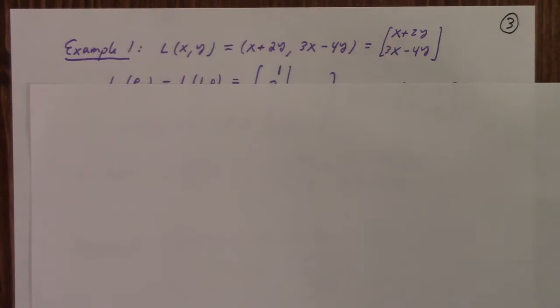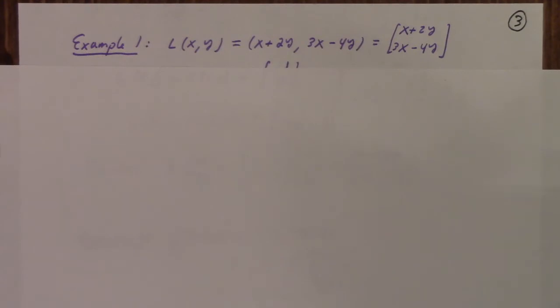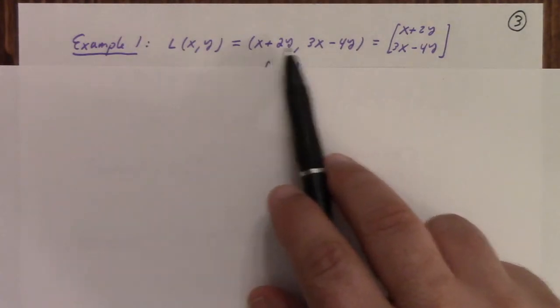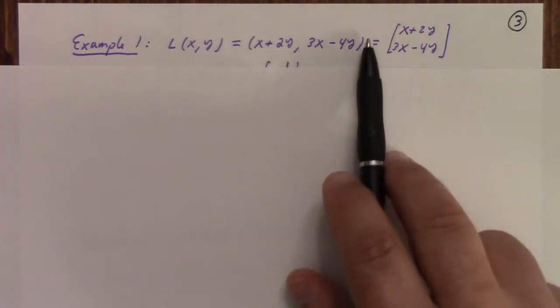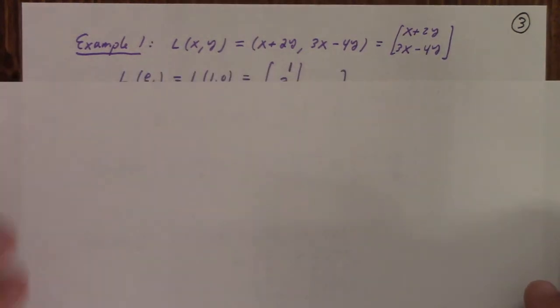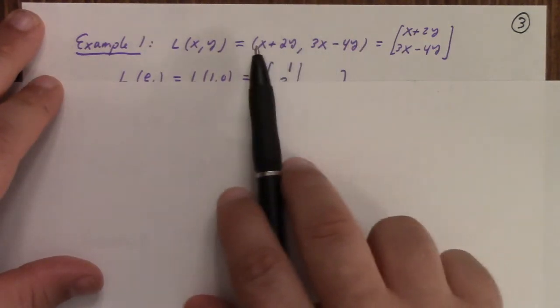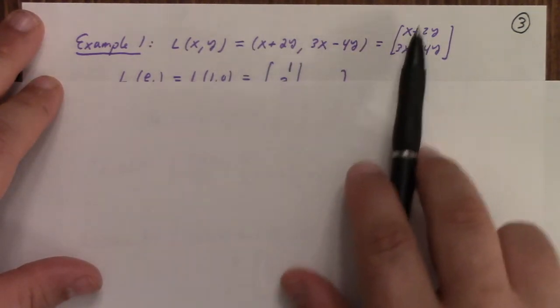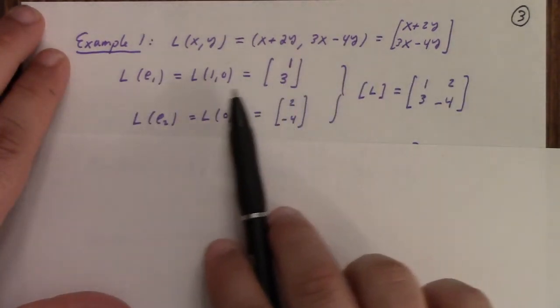Example 1 here, and notice my notation is a little bit sneaky. If I use the angled curly brackets, the parentheses here mean it's kind of a sneaky notation for a column vector like that. And this one, L of E1 is 1, 3.